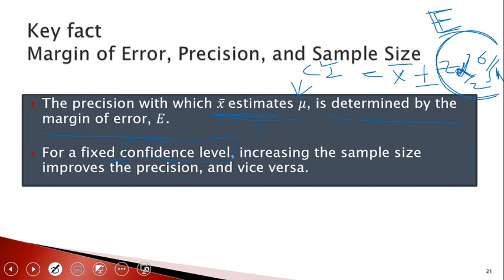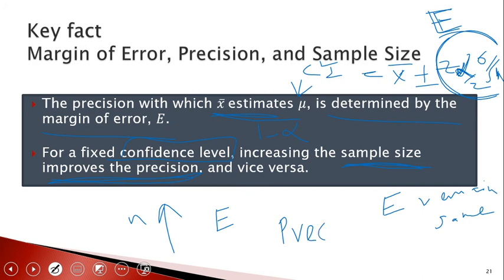When you fix 1 minus alpha, although you increase the sample size, E remains the same. So we call that improving the precision. When you increase the sample size, n goes up, E doesn't change, so precision increases, okay.